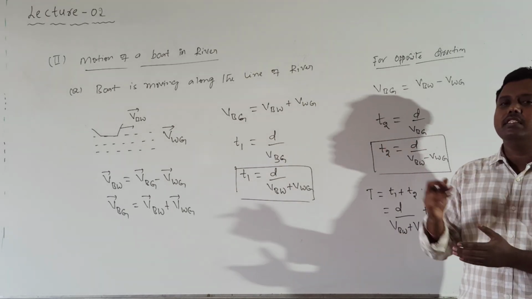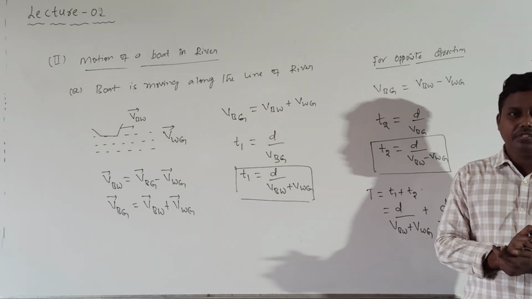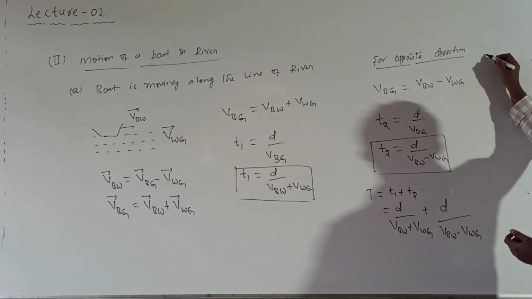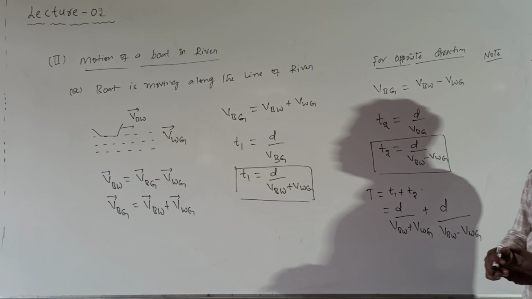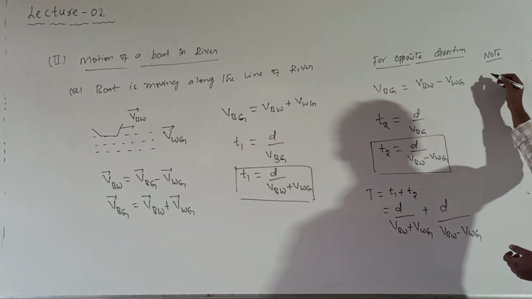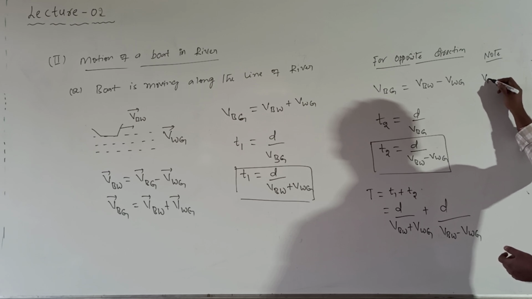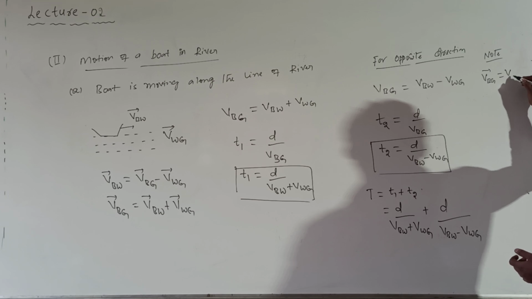What we are discussing is whenever the boat is moving along the line of river flow. For example, suddenly the engine of the boat is switched off. Whenever the engine is switched off, what happens to the velocity of the boat with respect to ground? It will go with the velocity of water, the velocity of water with respect to ground.